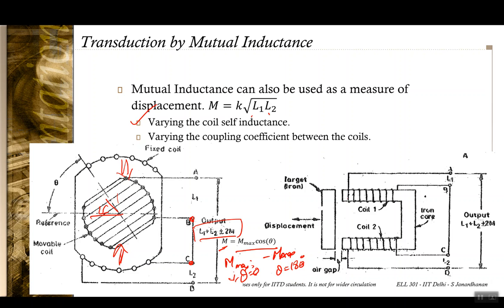Here the geometry of the path is again changed, by having an air gap and a displacement that changes the air gap, and thus changes the flux linkages between these two coils, affecting the overall mutual inductance M. So it can be used both for rotary angular measurement and for rectilinear displacement measurement.